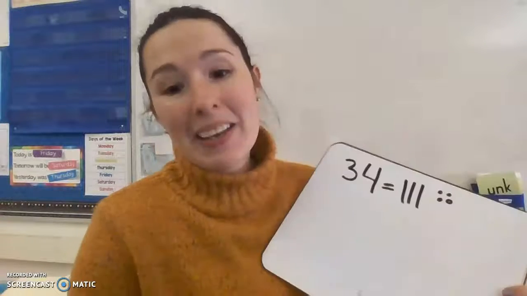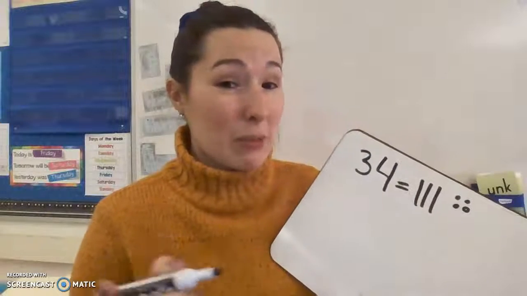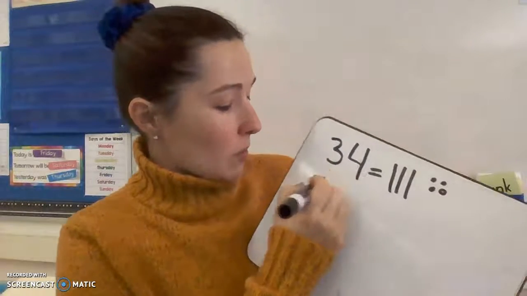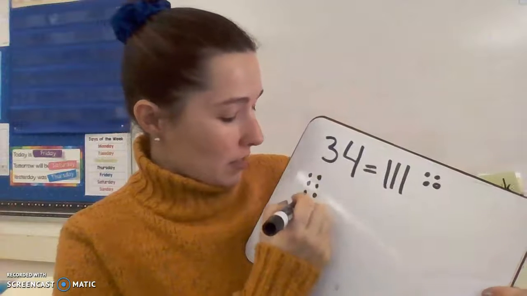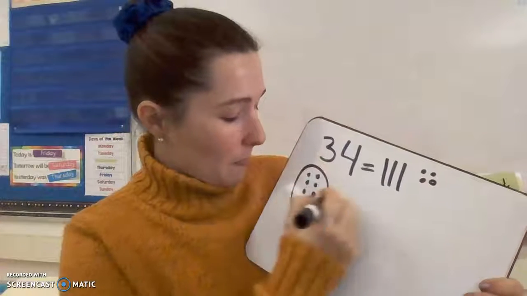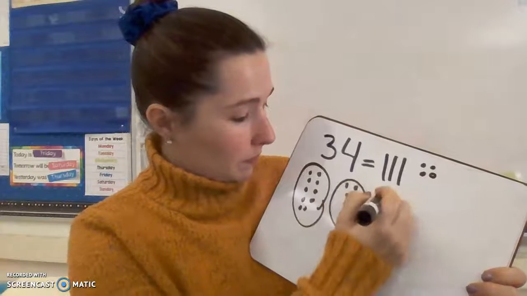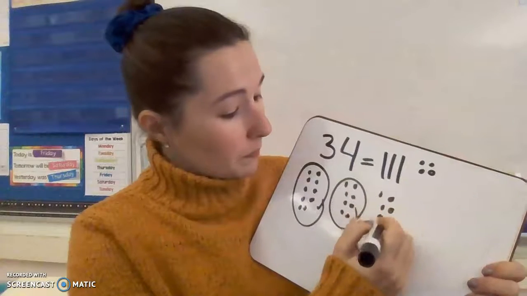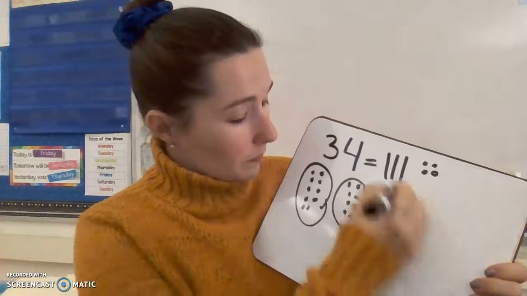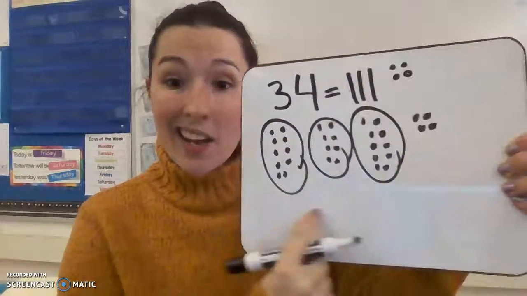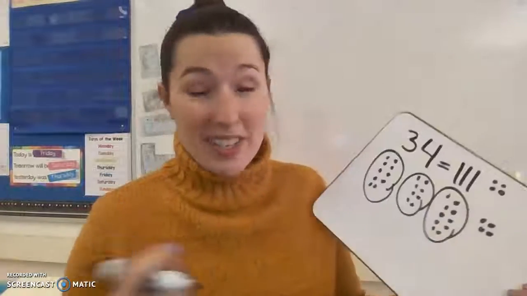But if it helps you too, because sometimes it might be more groups of 10, 34 ones, I could also draw it like this. 1, 2, 3, 4, 5, 6, 7, 8, 9, 10. Right? 34 ones. And I just circled groups of 10 to make it super duper easy, quick.